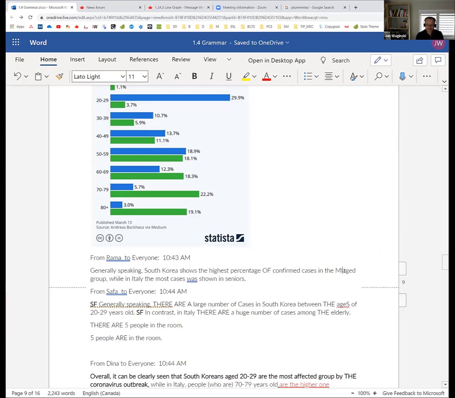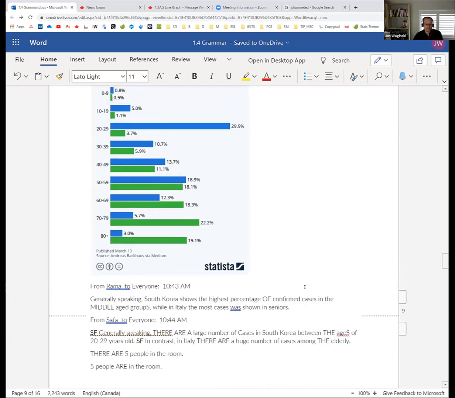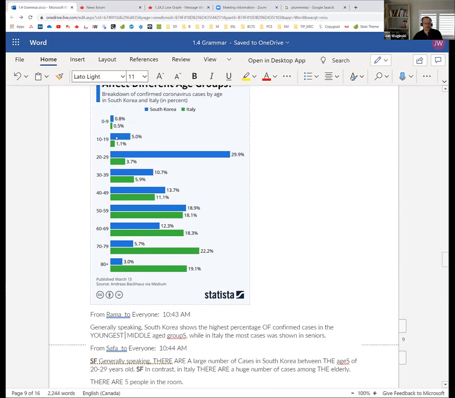In the middle-aged groups. Well, in the younger groups, no? So you have to be accurate in your general overview because it's not just the middle-aged groups, right? It's also the youngest groups. But look at the 10 to 19-year-olds.